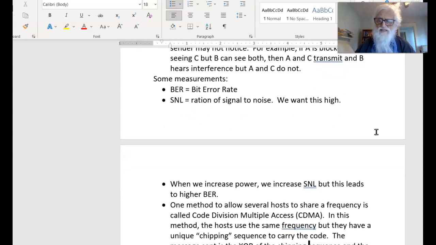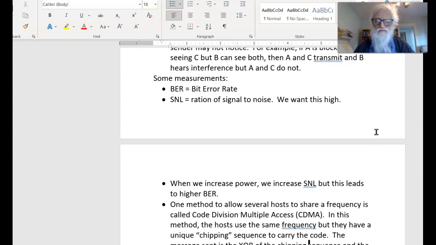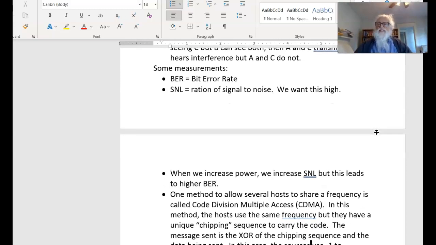Now, several hosts can share a frequency by a method called Code Division Multiple Access, CDMA. This is getting back to the MAC layer we were talking about in the data link. Remember, there was carrier detection media access.